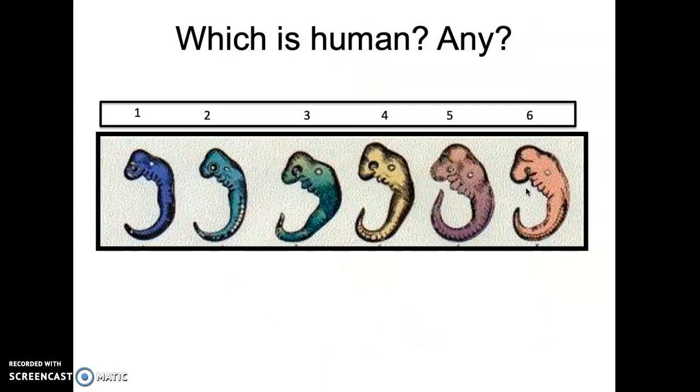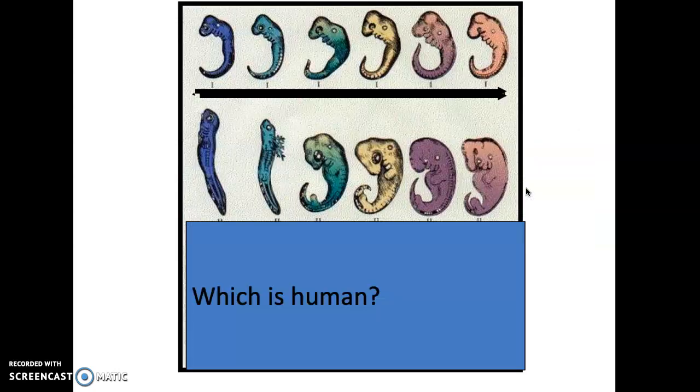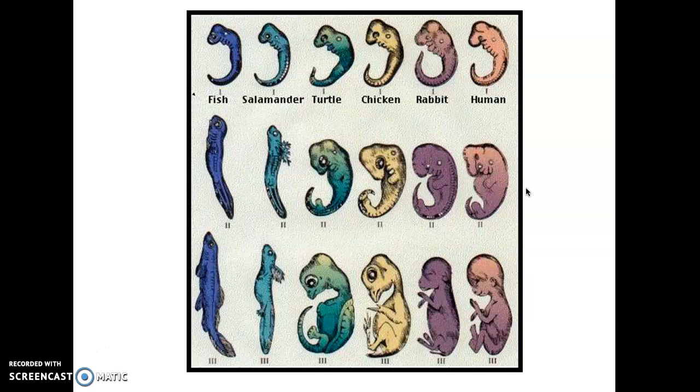Okay, which is human? Any of these? Take a good look. Now I'll let you see a little bit more. Now, which is human? A little bit more. The human was this one. And look how very different it looks from a rabbit or a turtle.